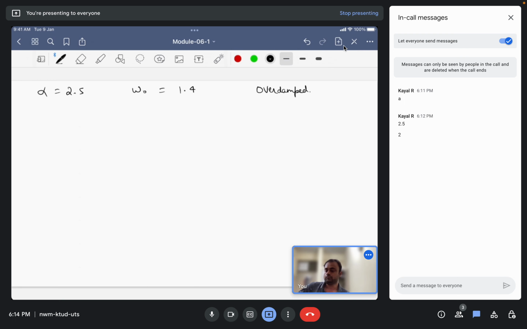So in case of overdamped, we can write the voltage across the capacitor V(t) as the sum of steady state condition plus the transient.